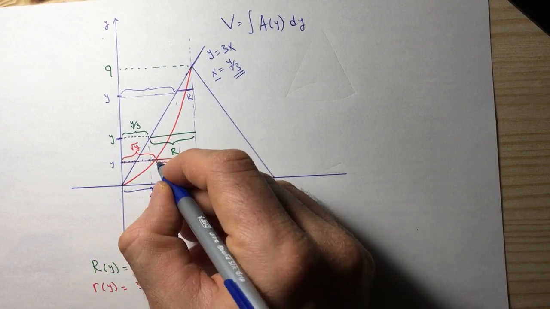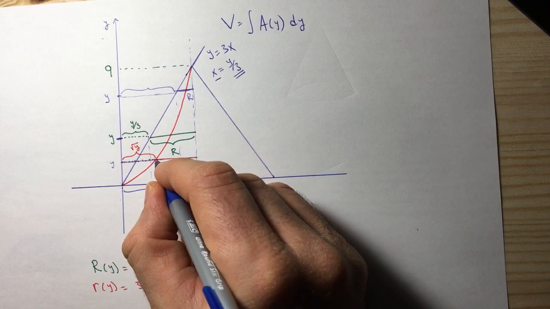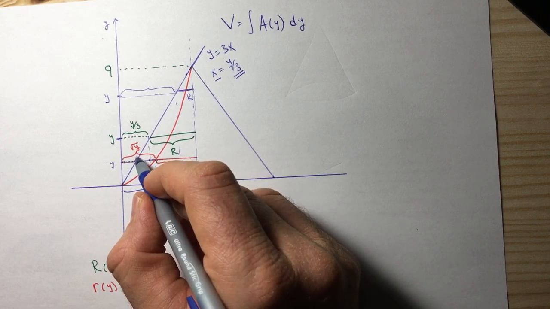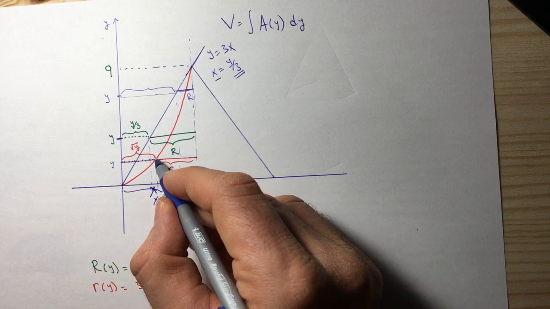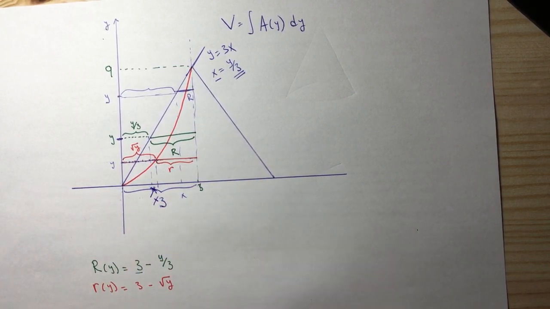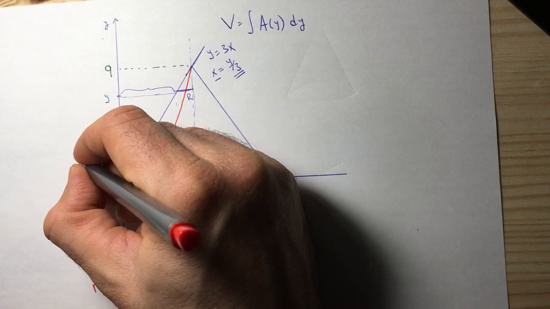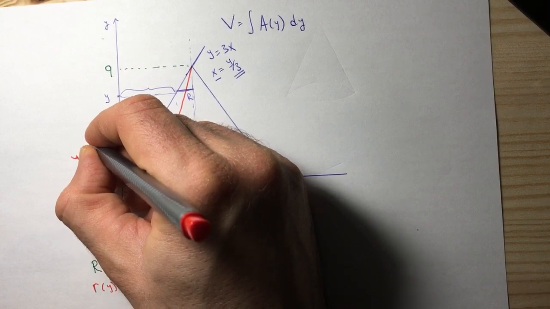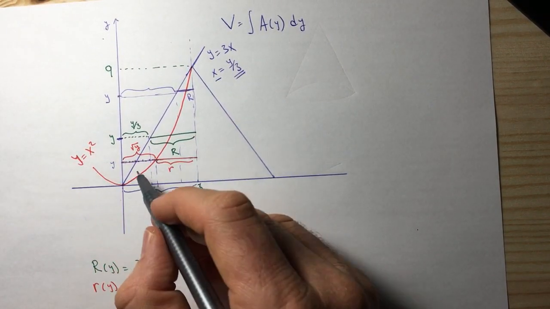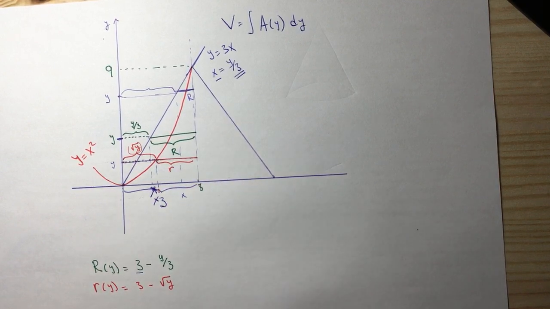Well, again, for this particular y, that distance is simply x. But how much is that x in terms of y? Well, this distance here is given by the parabola y is equal to x squared. Well, how much is x in terms of y? Obviously, square root of y.